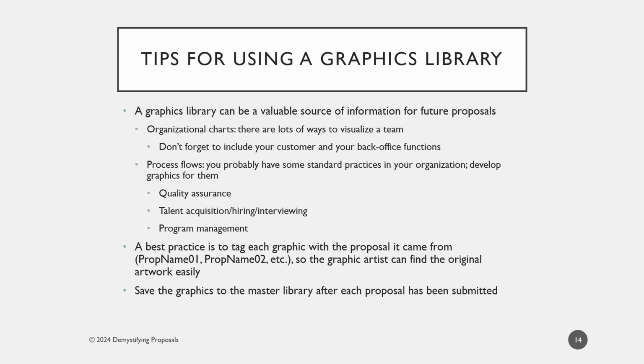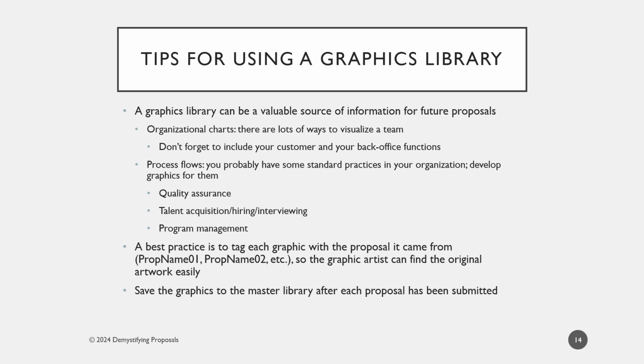Talent acquisition, hiring, interviewing, clearances. That's another very often included category in staffing. A process flow for how that works can be very visually interesting and can save some space if you can get all of that information into a simple graphic instead of having paragraphs of text.